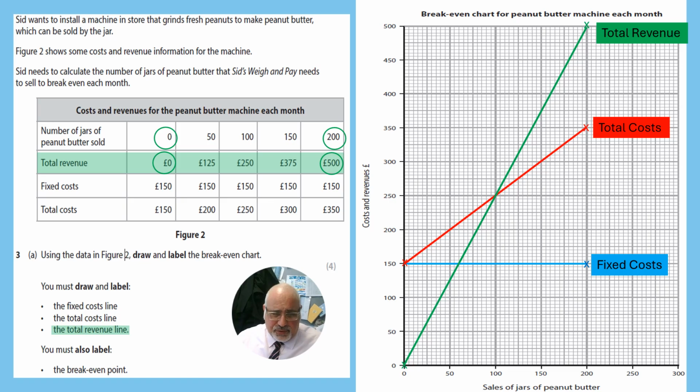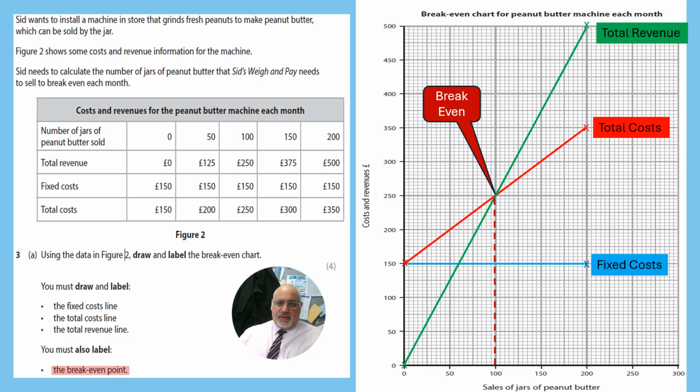Now it tells us to label the break even point. The break even point is there, where the total revenue crosses the total cost line.